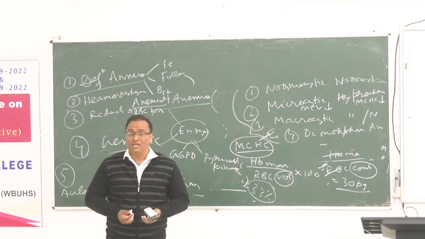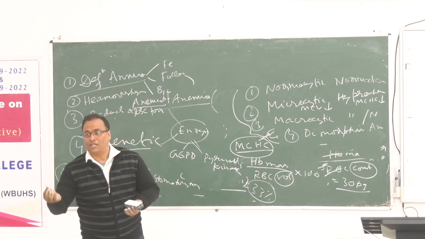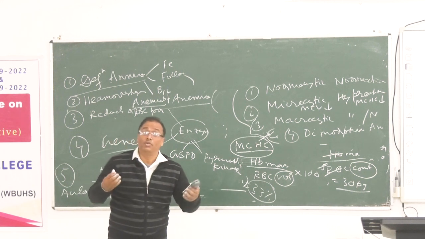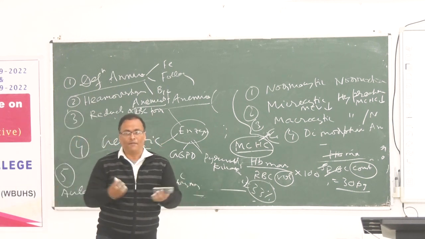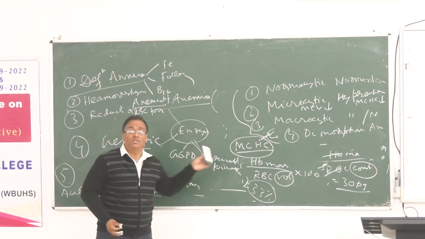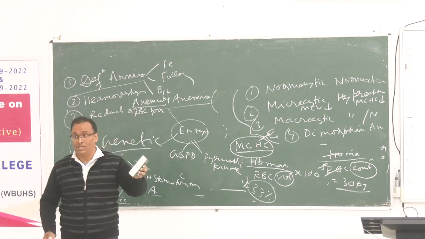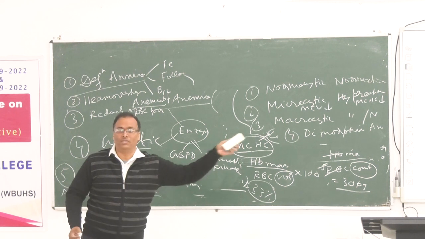Then go for the HPLC test, high performance liquid chromatography, to detect thalassemia. It detects clearly whether this is alpha thalassemia, beta thalassemia, etc. So after seeing only the CBC report, you can approach your case, your diagnosis, and plan for the investigations.